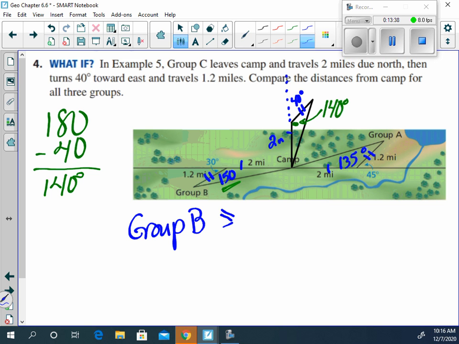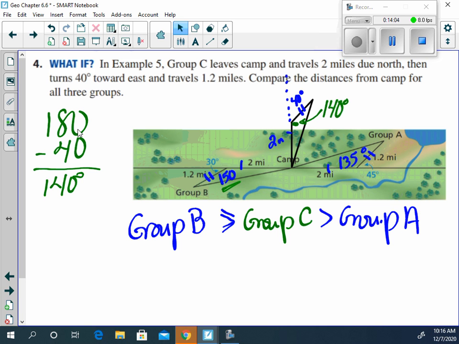So if we were looking at this, group B is bigger than group C, but group C is greater than group A. And that's it. Questions on this here? Any questions on any of this here so far?